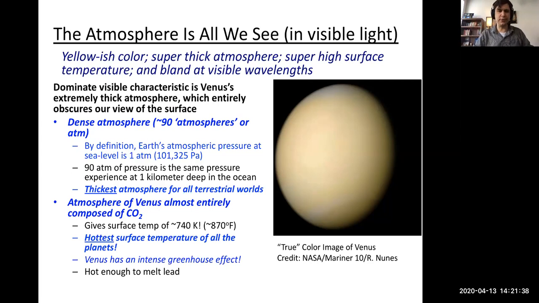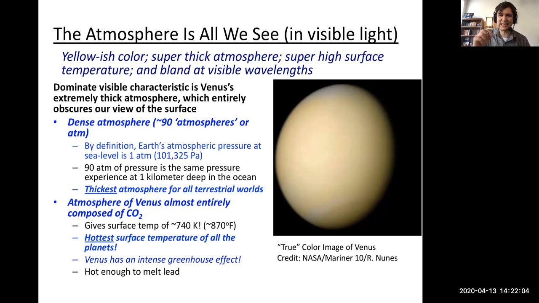If you're familiar with other units of pressure, 1 atmosphere is equal to 101,325 pascals. So Earth's surface has an atmospheric pressure of 1 atmosphere. Venus is 90 times that, which has an atmosphere that's a little over 90 times more massive than our atmosphere.